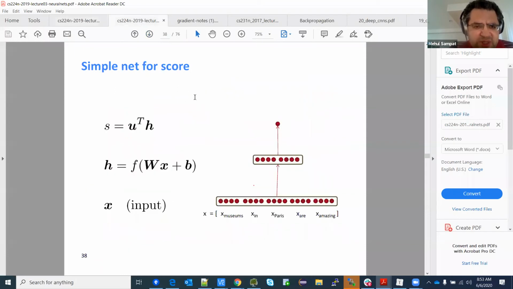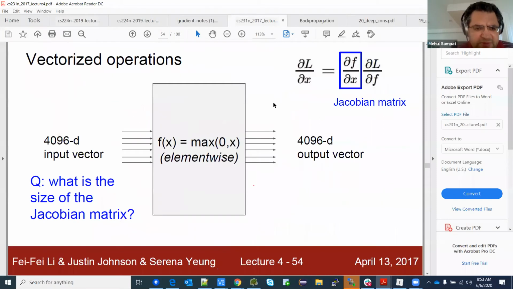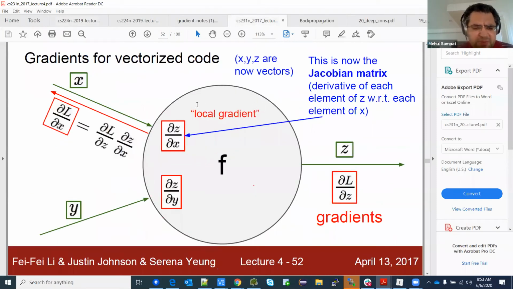One part was here. In the previous example, we were just talking about X and Y as single variables, right? Now, I really like this slide because X, Y, and Z are vectors.